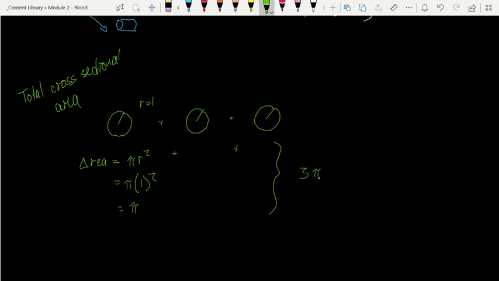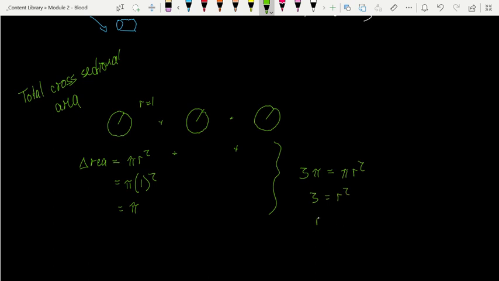The radius of the new cross-section, right, as I add all of these circles together, the new radius is going to equal 3 pi is going to equal pi r squared. So 3 equals r squared.